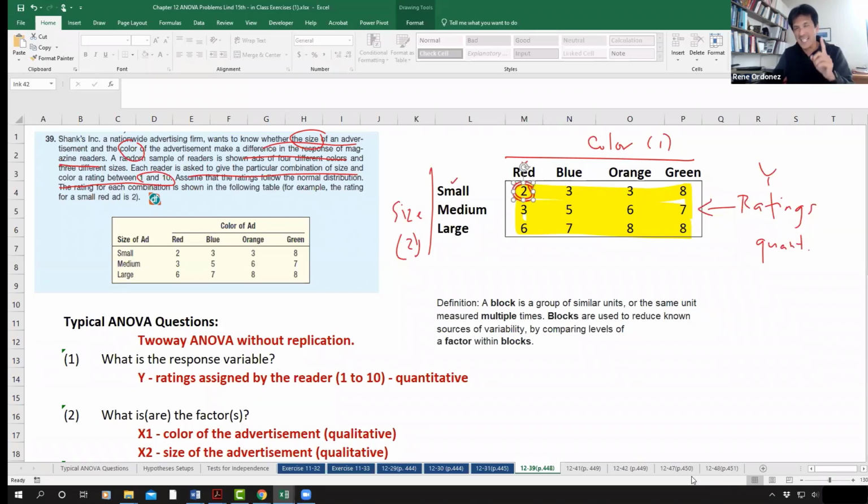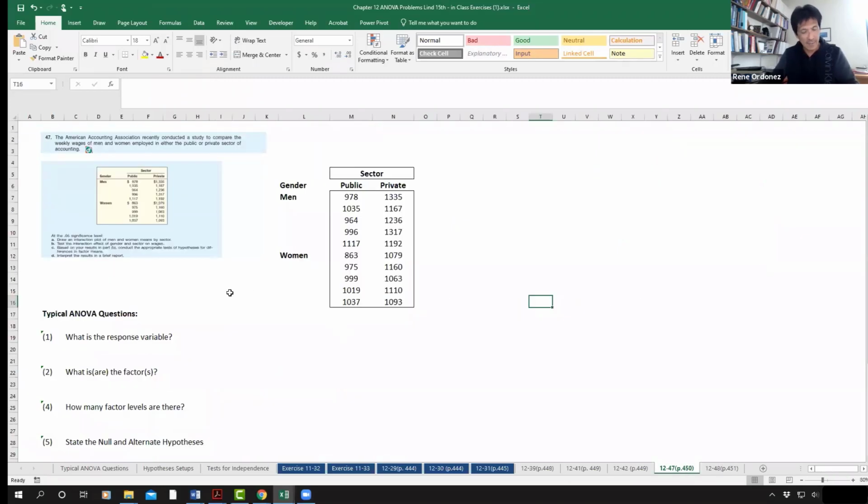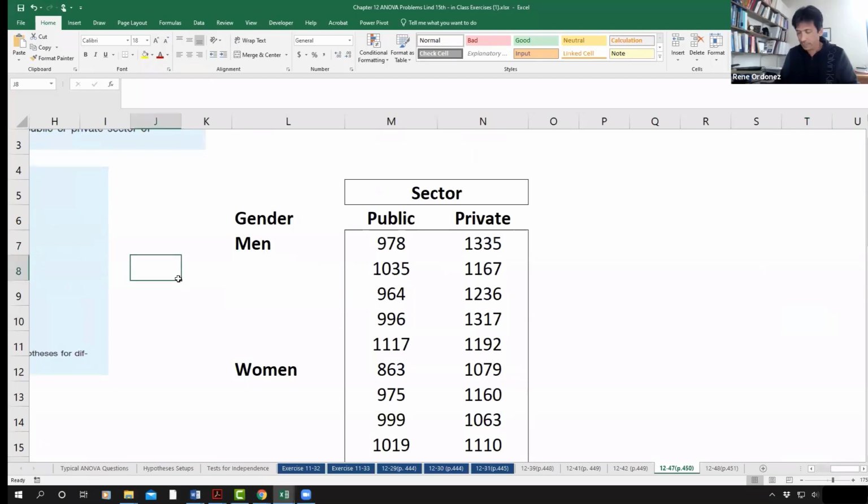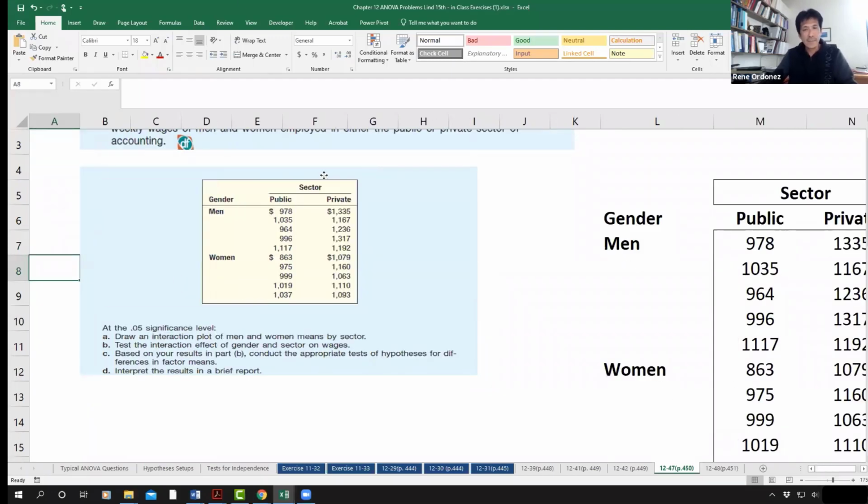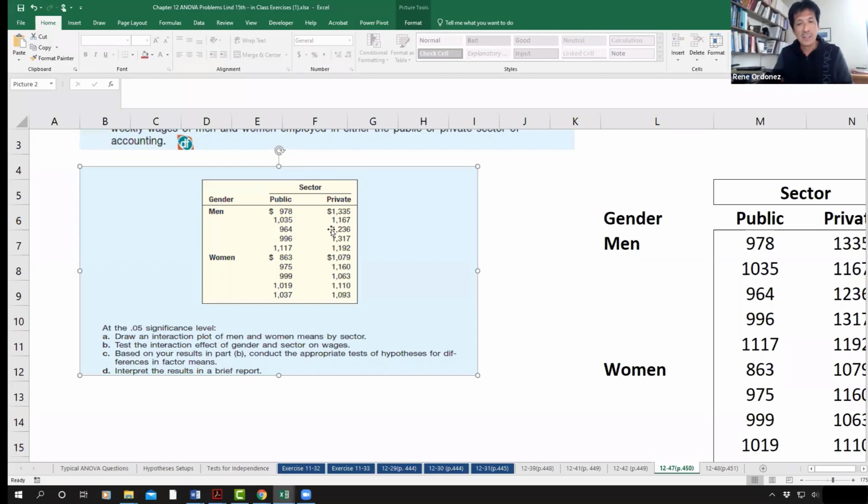Okay, so let's look at an example, and I'll go back to this, just so that we can see the difference between a two-way ANOVA without replication and with replication. We will solve this problem shortly. If you look at this problem here, in this table you'll see 2 factors, sector and gender. For each combination of sector and gender, you have multiple observations known as replicates.